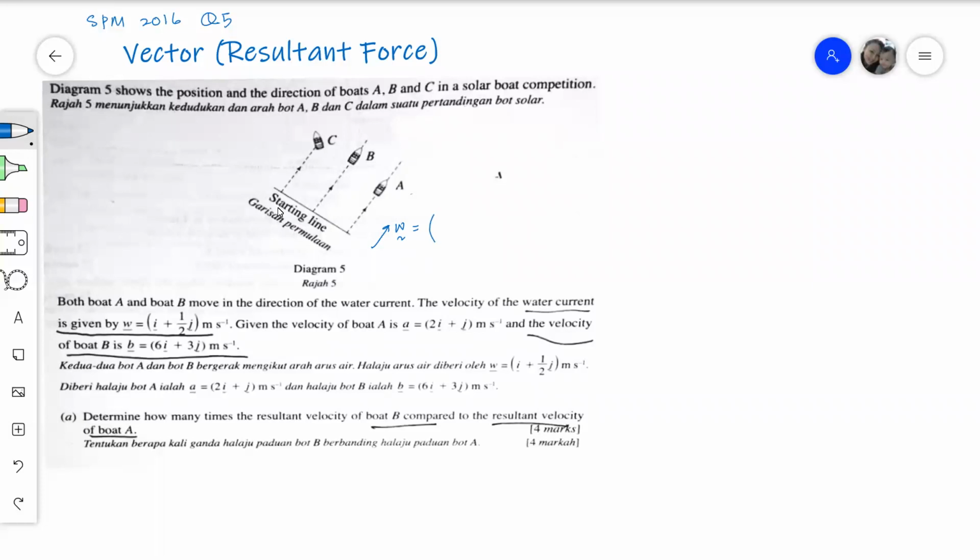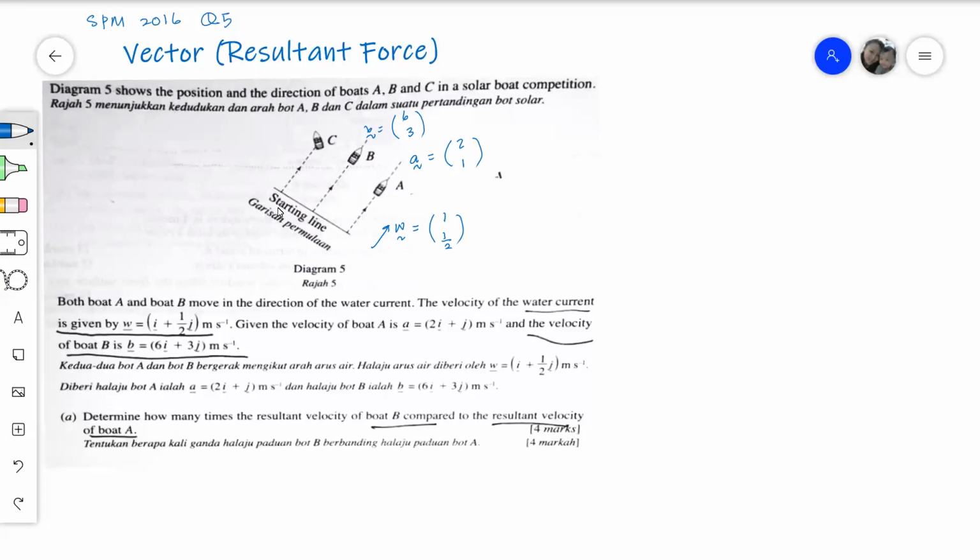I prefer to write in the form of a column because I do not need to keep writing I and J repeatedly. So the velocity of boat A is given by A, and the vector is 2, 1. And for B, the vector is 6I and 3J, so 6, 3.